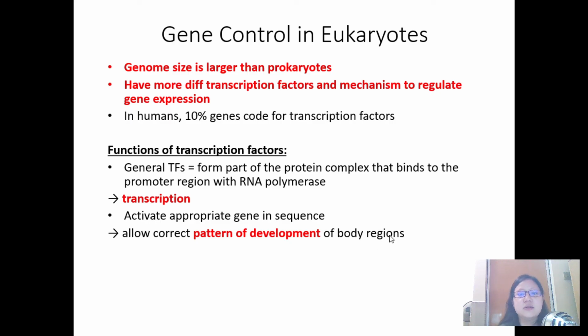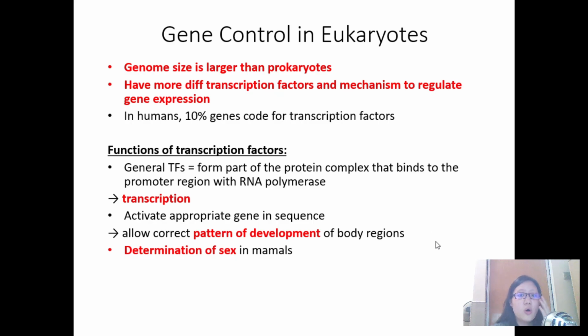Now, we have different parts of the body, right? We have the head on the top and feet that we walk on. The genes responsible for forming the head and the genes responsible for forming the feet would be completely different genes, correct? So you need a certain way to control those genes, and therefore transcription factors come into play.